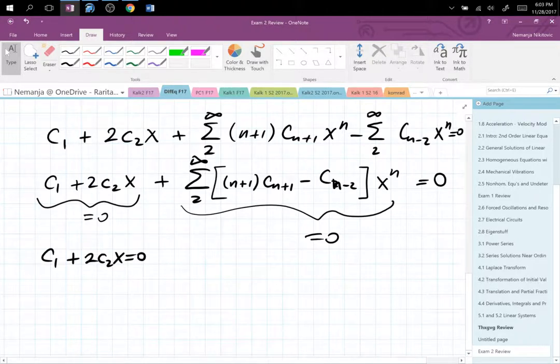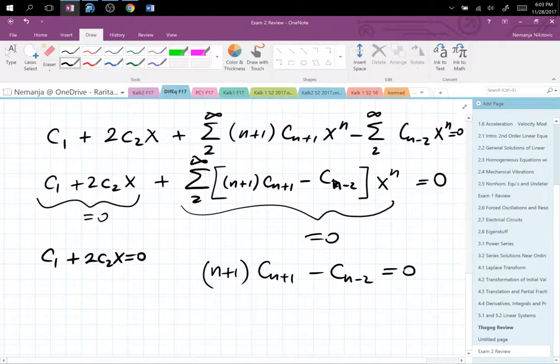All right, good. So now we have the recursion equation over here: (n plus 1) C(n plus 1) minus C(n minus 2) equal to 0. Now, I hope you see that the counter starts at 2.